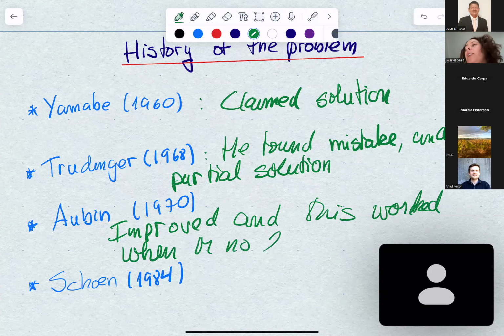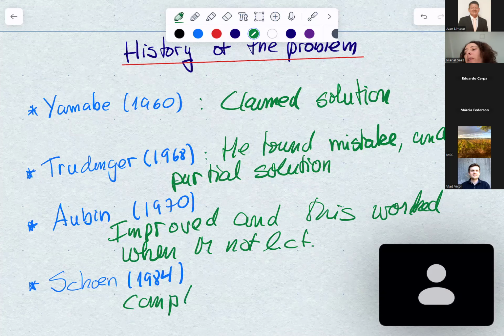I'm going to say in a minute what that means. And in 84, finally, Rick Schoen completed the solution and he treated the locally conformally flat case. That is basically when you're conformal to the sphere.